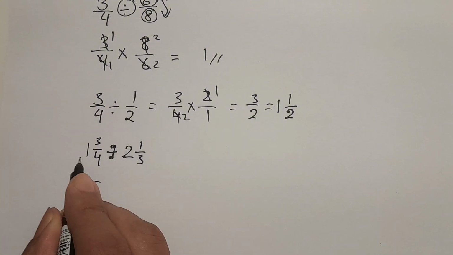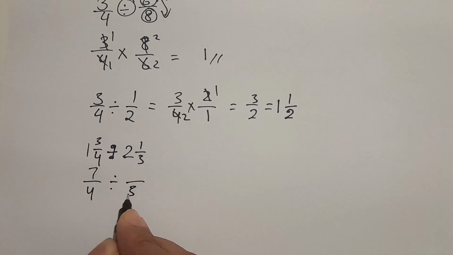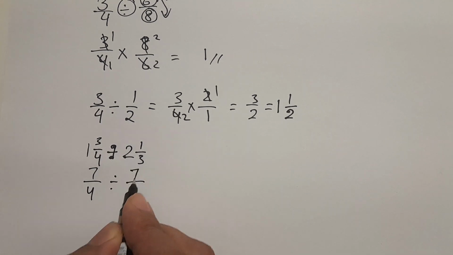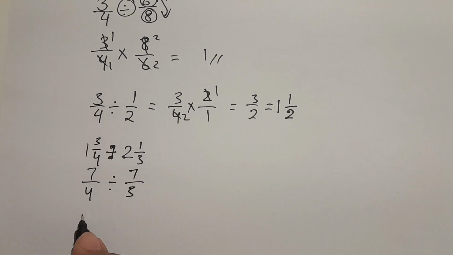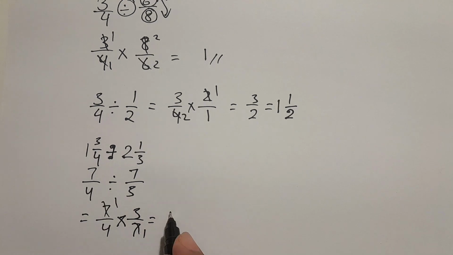So this will be 4 ones are 4 plus 3, 7, divided by 2 threes are 6 plus 1, 7. So when you convert this, it will be 7 over 4 multiplied by 3 over 7, 7 ones are 7, 7 ones are 7. So this will be left with 3 over 4. So the answer will be 3 over 4.